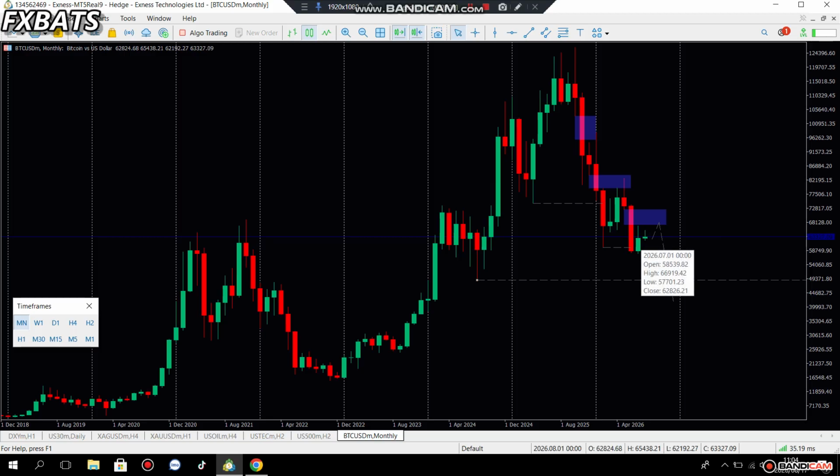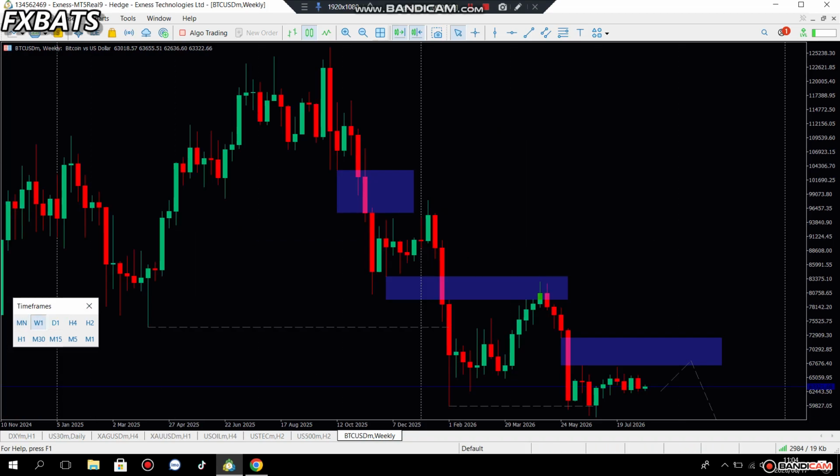Price has first to retrace back towards the monthly CB, of which I'm not gonna do anything. It's always good to wait for price to tap this monthly CB to see that at least you continue to trade in line with the higher time frame. So monthly has to correspond with weekly.